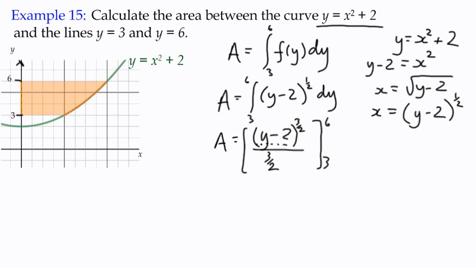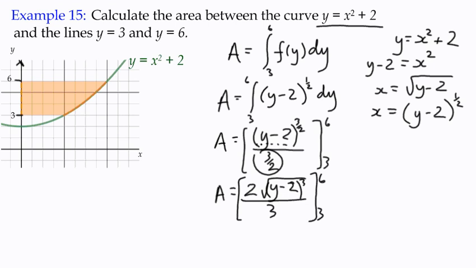So we can use that integration rule with fractional indices to get this answer. We haven't quite simplified it. So the area is, dividing by 3 over 2 becomes multiplying by 2/3. I'm also going to change it to the square root of y minus 2 cubed, because I'm going to substitute it in, and that makes it a wee bit easier.